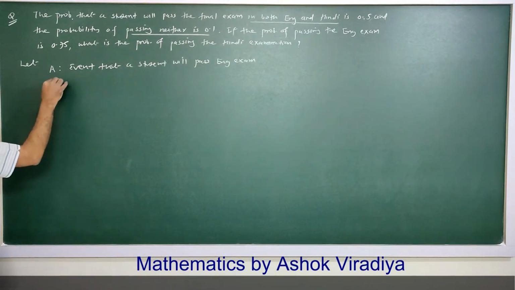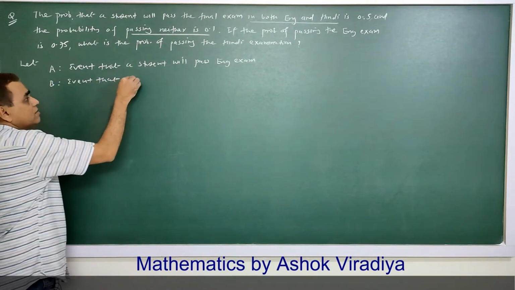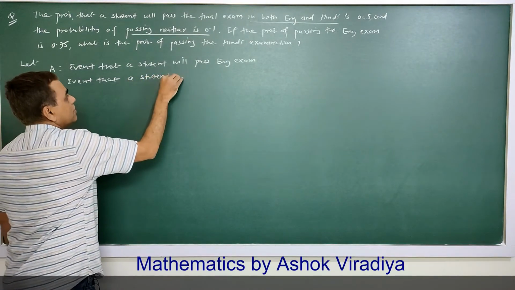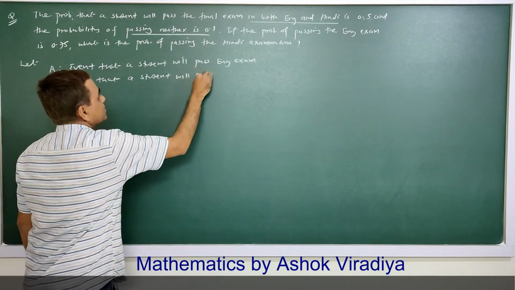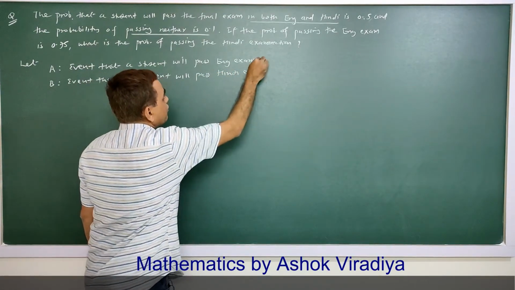B is the event that a student will pass the Hindi exam. So the question has two events.